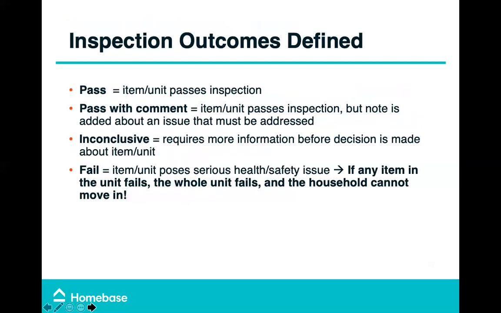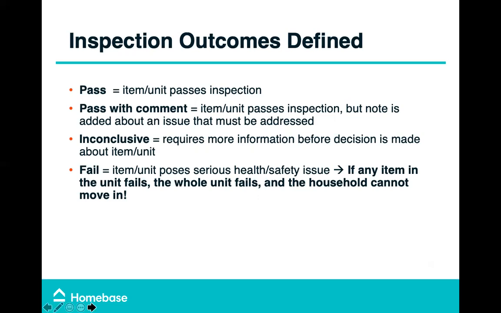I want to quickly go over the language commonly used during HQS inspections to describe outcomes and findings if you're using HUD's Housing Choice Voucher Program forms to conduct your inspections. One of the forms I'm speaking about is Form HUD-52580, which we will provide a link to.